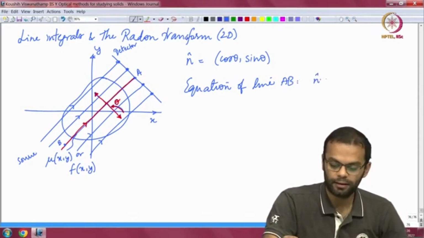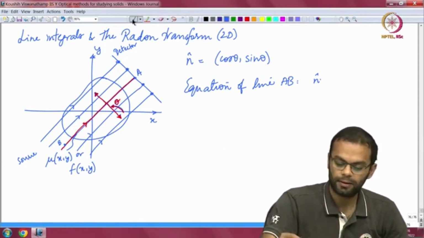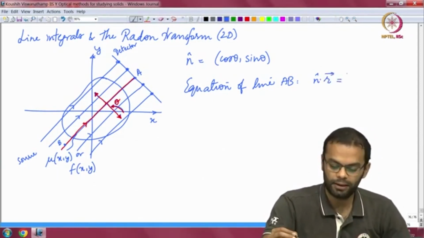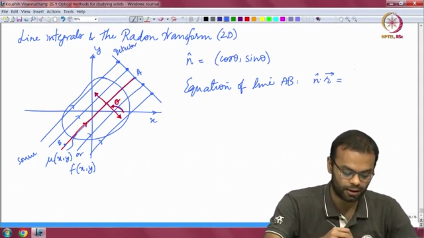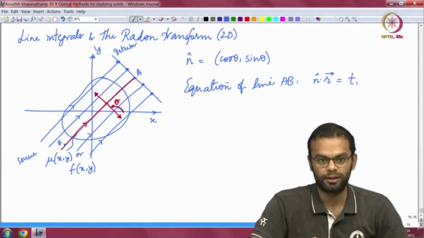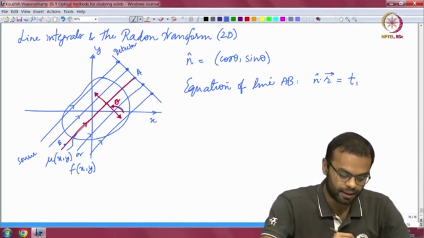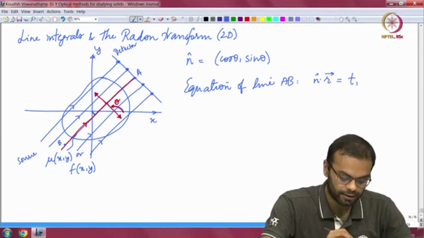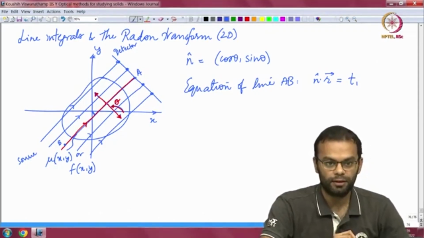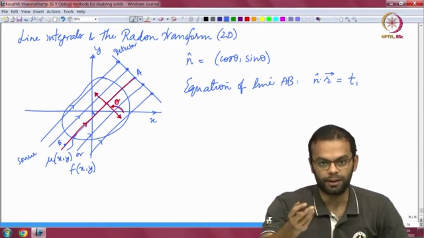It is n hat dot r bar is equal to some constant, and that constant we are going to call T1, some constant T1. And what is T1 measuring? It is basically measuring the perpendicular distance from the origin to the particular ray AB, that is what T1 is.